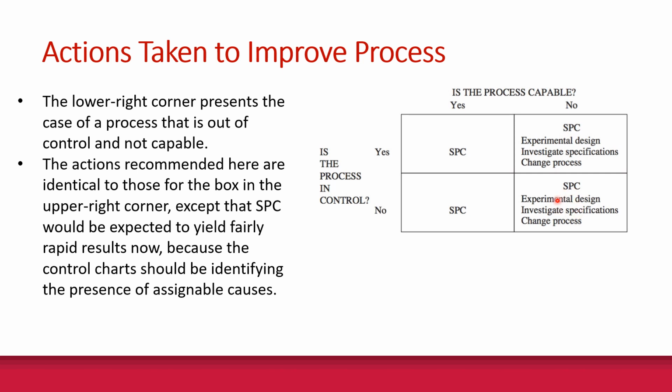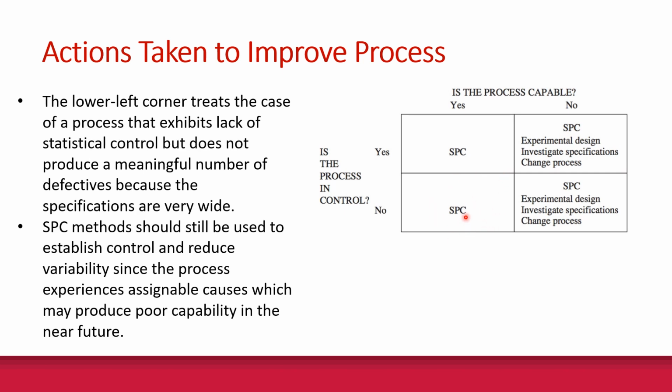When you get these up and functioning in this kind of scenario, you're likely to see rapid improvement, because the process is totally out of control and not capable at all. Here, the primary objective is to figure out what the assignable causes are, try to eliminate those assignable causes, and get the process in control. So control charts are very valuable in that.